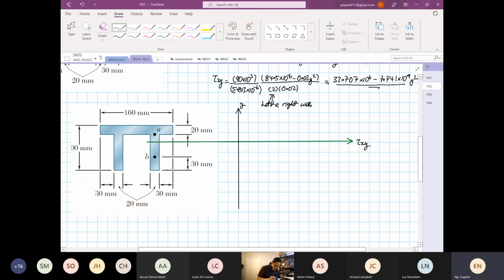So we have 10, 20, 30, and 40. This is our 35 millimeters, and over here will be our 65 millimeters.